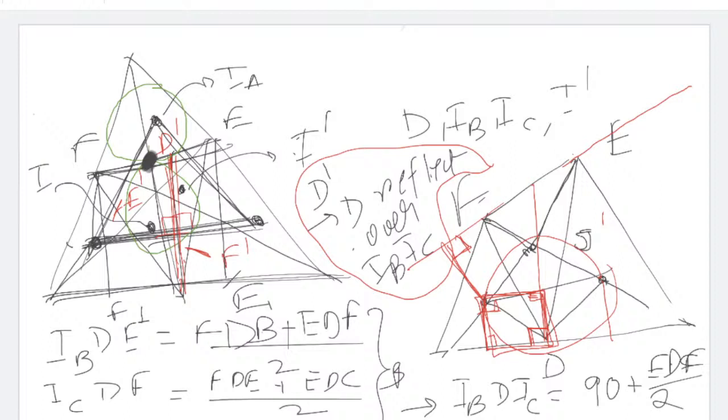Hmm, so, what do we do here now? So suppose we have, wait, no, that doesn't work.